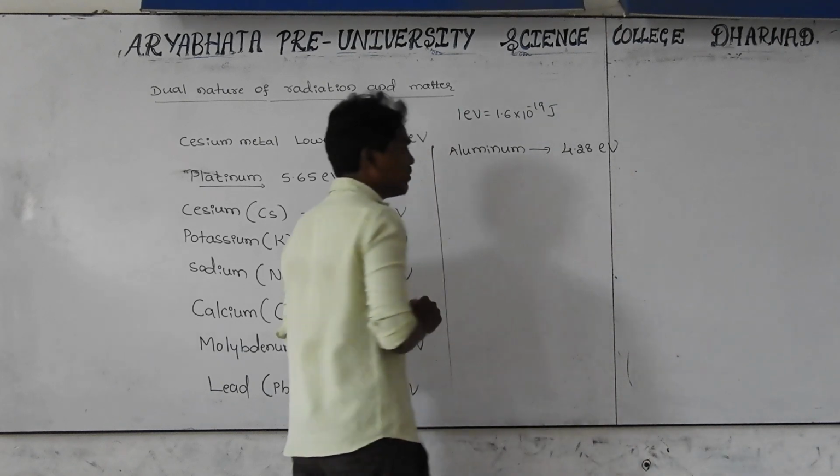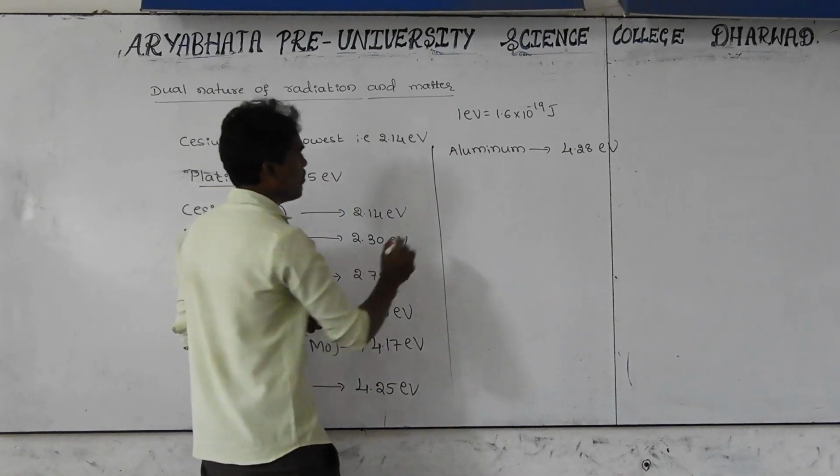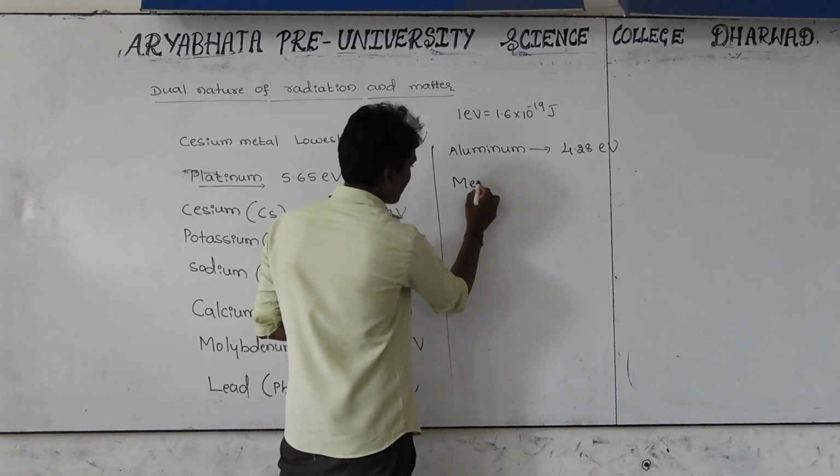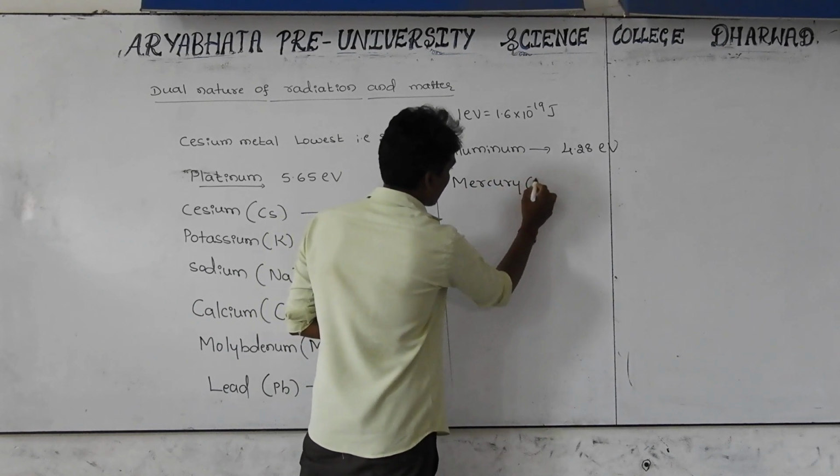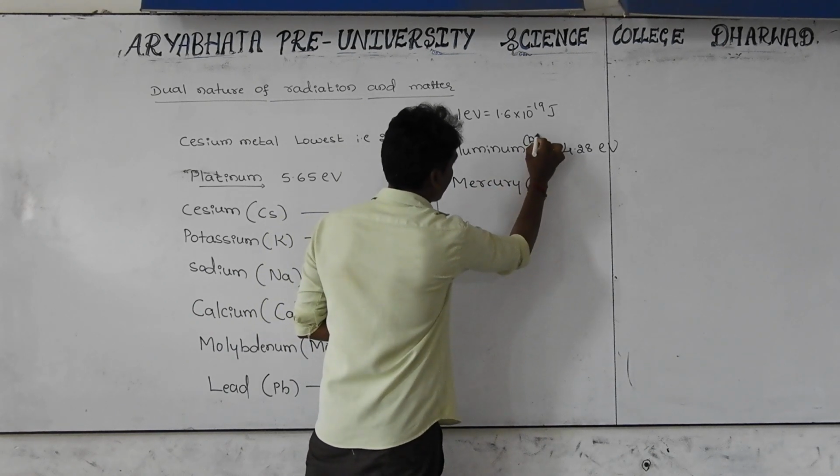And after aluminum, next is mercury, indicated as Hg. Aluminum is indicated as Al here.